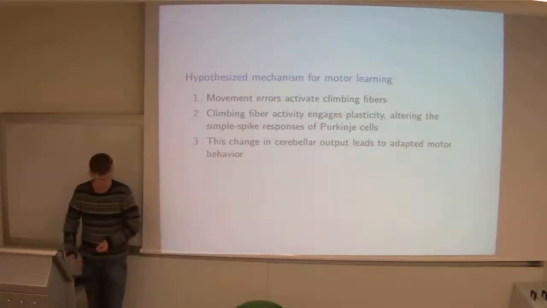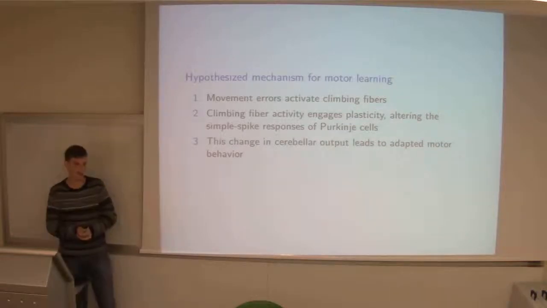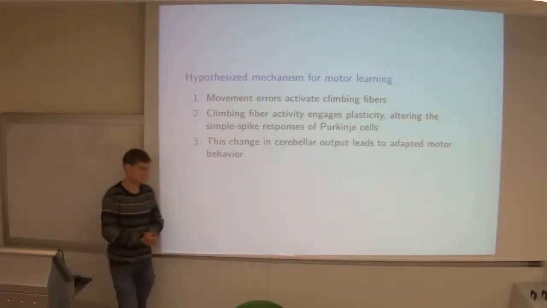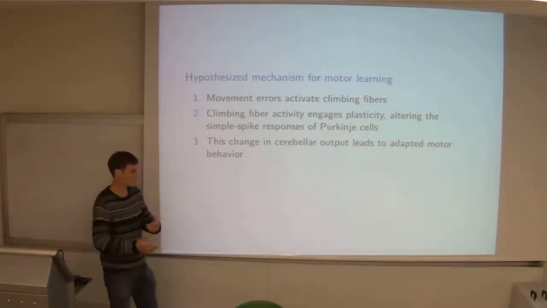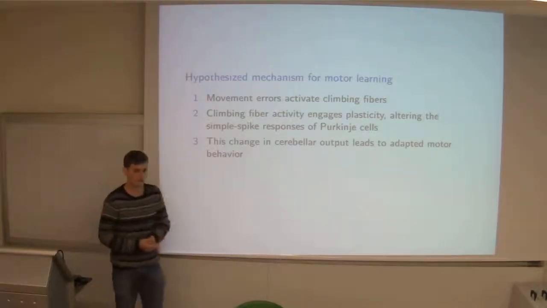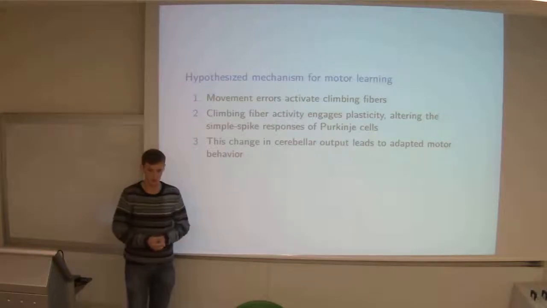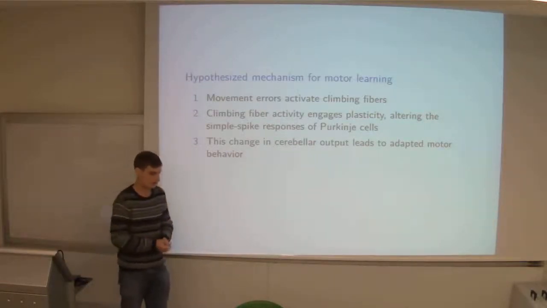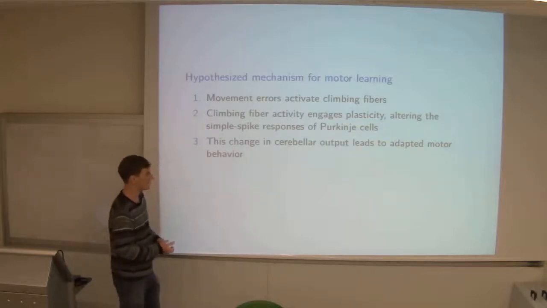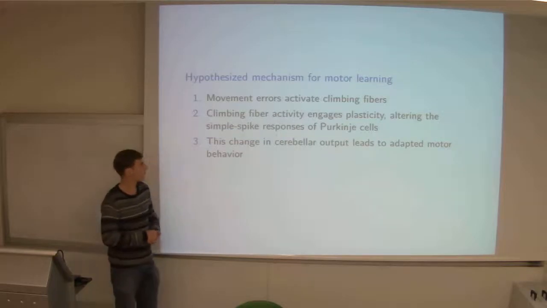The paper is about a mechanism for motor learning. I think it's quite interesting because they propose an entire system of how errors that you make in a certain motor behavior lead to changes in the cerebellum, and how this is transmitted by complex spikes.